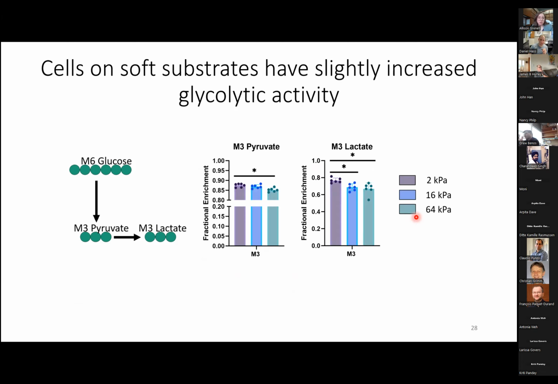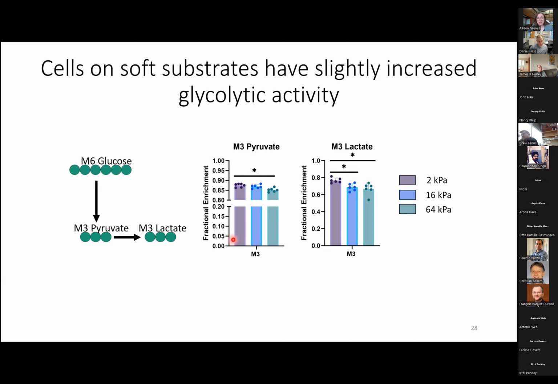I then wanted to also look at glucose to see if glucose was changing. I hypothesized that if I was seeing this large change in glutamine metabolism, then I would have seen a compensation in glucose. So just starting by looking at fractional enrichment of labeled pyruvate and lactate generated from uniformly labeled glucose, I found that there was an increase in enrichment in the softest substrate, but not by as much as I would have expected.